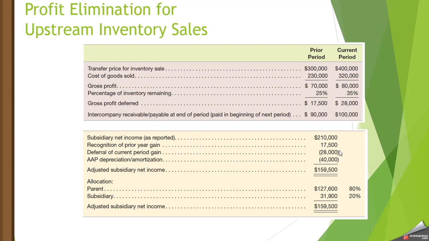So we add the beginning, subtract the ending, subtract our depreciation and amortization, and then we split. That is when it's upstream, the sub selling to the parent. So the NCI shares in all of those adjustments. Then we come down and say we have $159,500, 80% goes to the parent, 20% goes to the NCI. Sorry, I think that's a typo on their part. That should say the NCI, not the subsidiary.